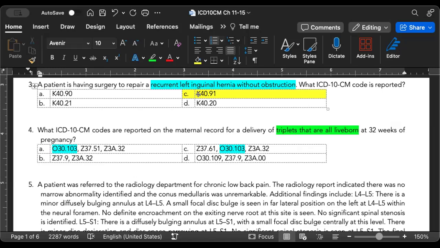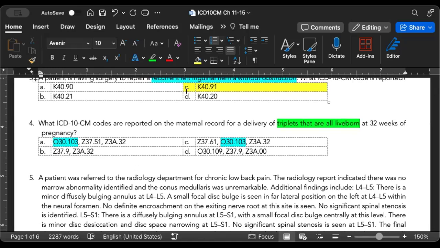Anybody have any guesses? Okay, so got somebody that said A, so I'm assuming we're going to go with the Z37.51. So Z37.51 is the triplets that were all live born.